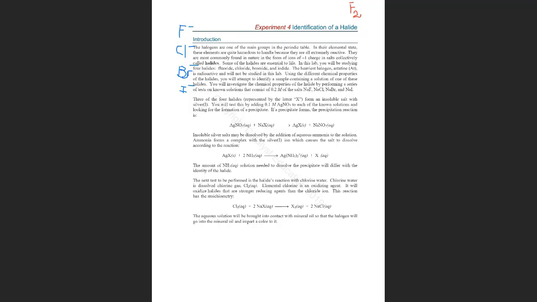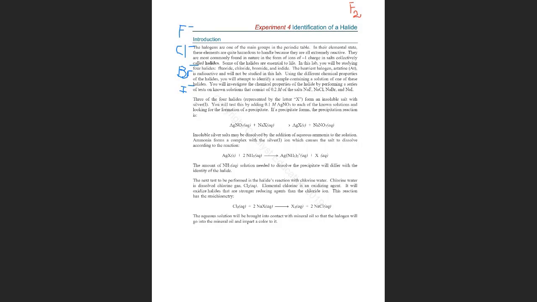We are going to add in the tube some reagent and look for a sign for a change in color or for a form of a gas or cloudiness or a precipitate, whatever change can let us identify the halide.